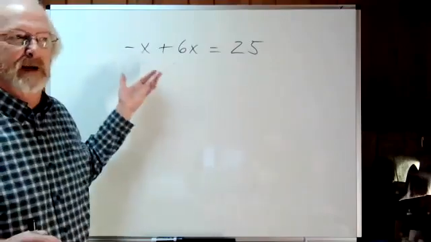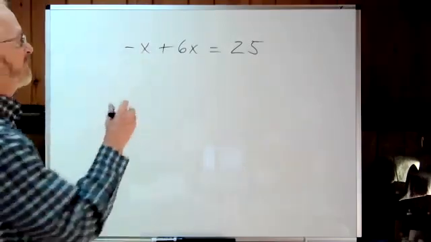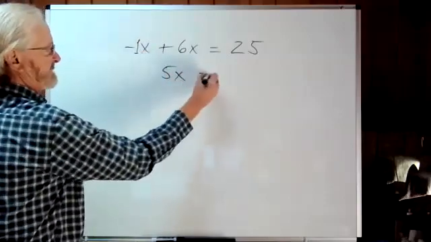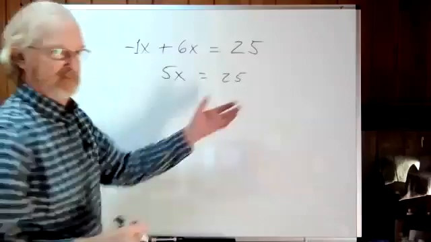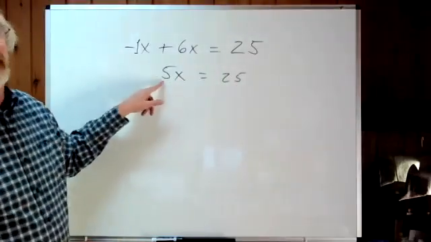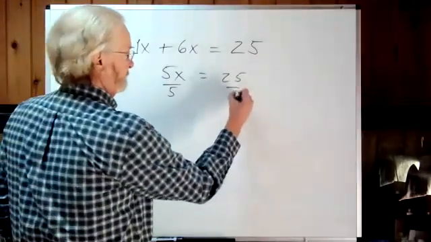Anyway, these are like terms. We can combine those X's, plus 6 minus a 1, right? We don't usually see the 1. So this just means there's 5 X's that equal 25, whatever number might have been in your problem. And now we're trying to cancel out that 5. I would divide both sides by that 5.